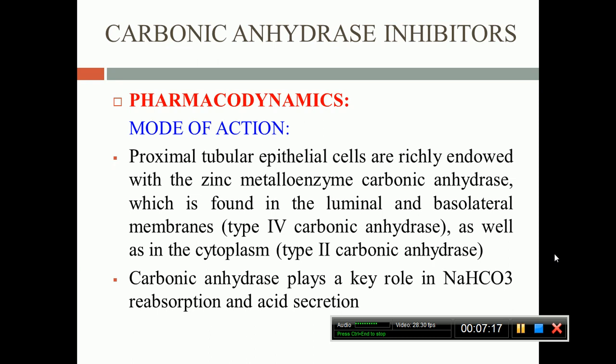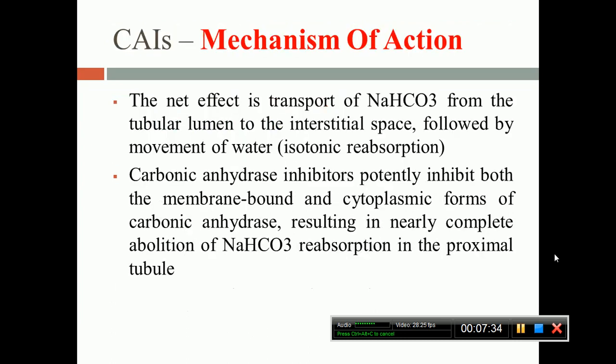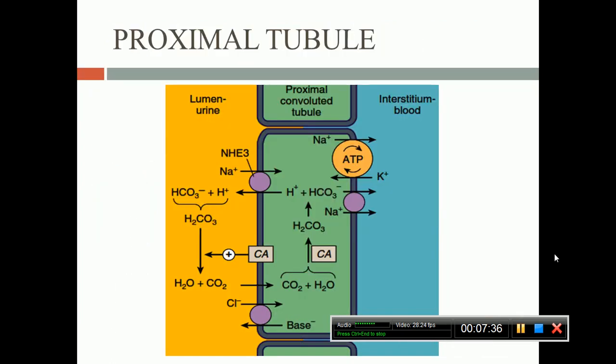It is found on the apical or luminal side and the basolateral side, referring back to yesterday's lecture. This is type 4 carbonic anhydrase, and it is also present in the cytoplasm. We can see its diagram here. This is the epithelial cell and its membrane.